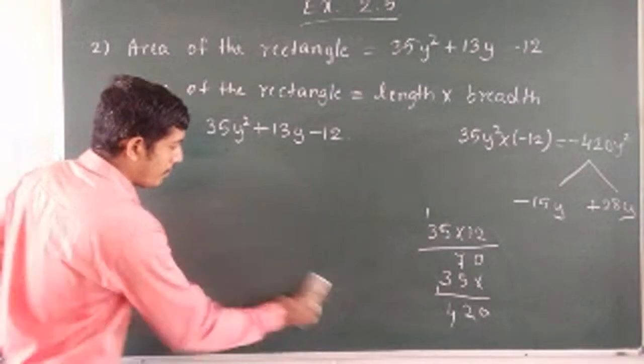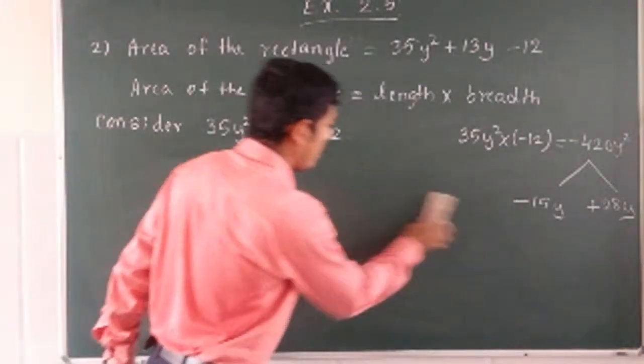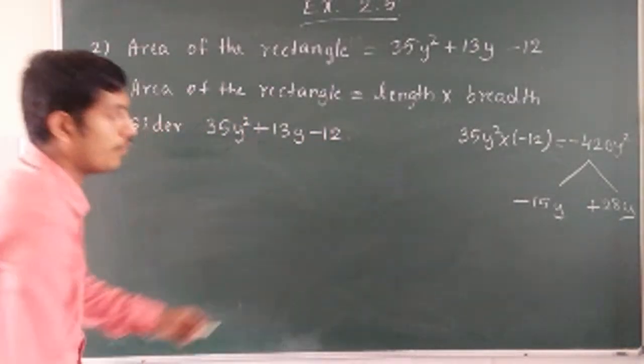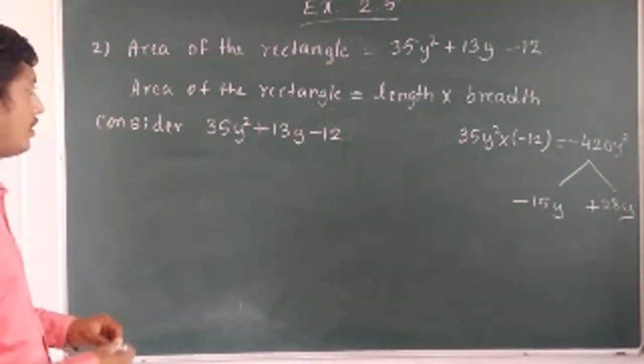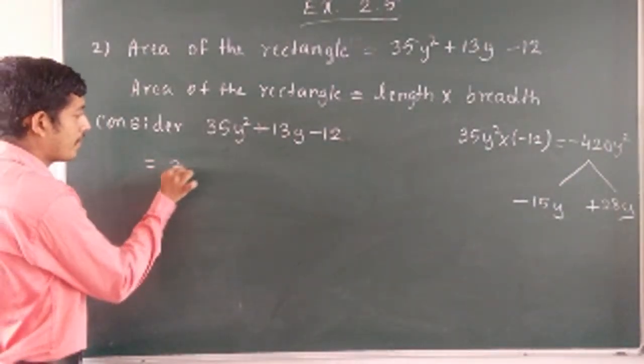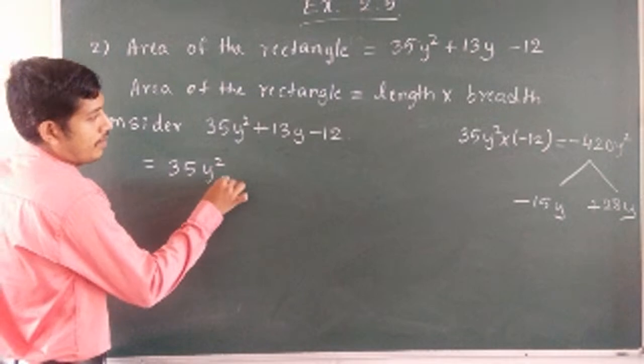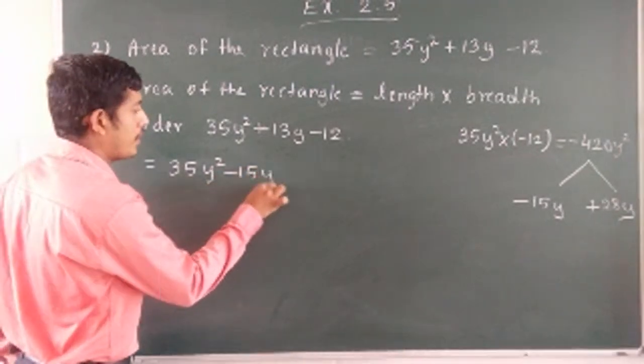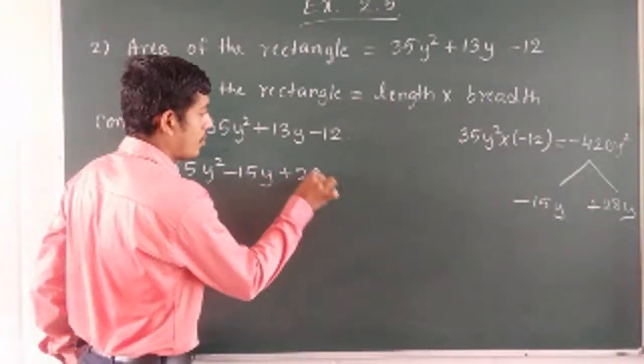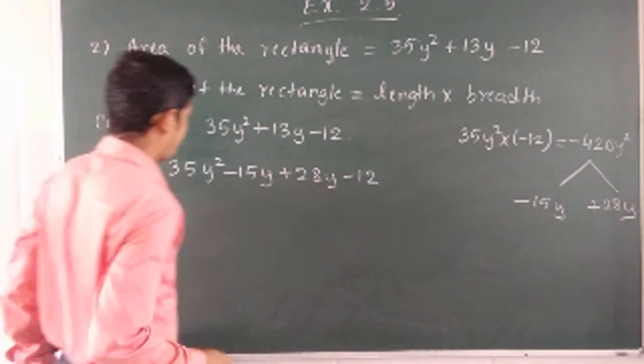Now the next step is we have to replace the middle term with the help of that product. Therefore this equation becomes 35y square minus 15y plus 28y minus 2.